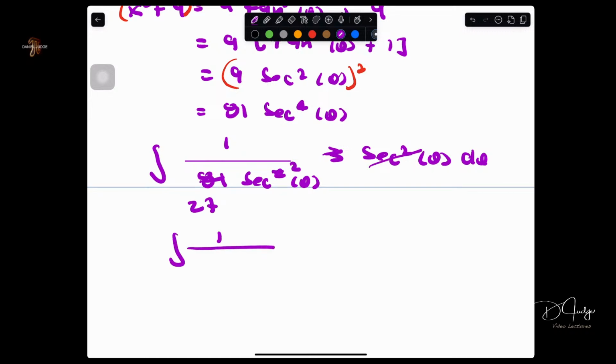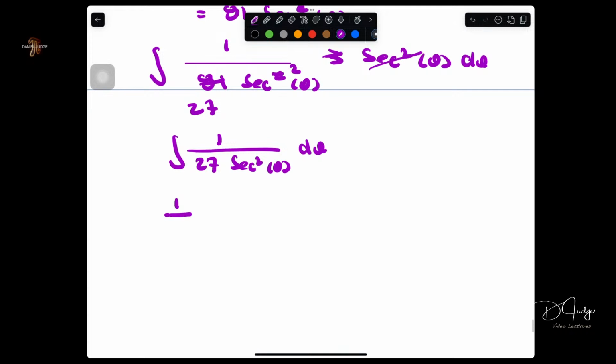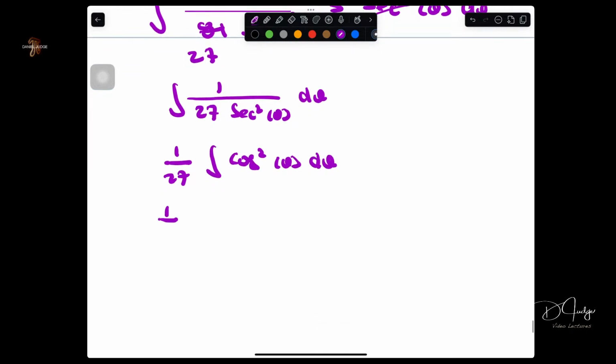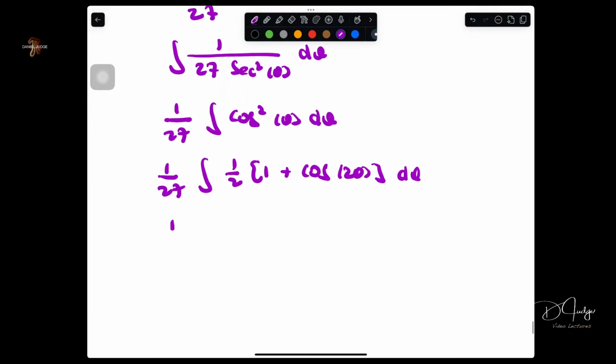So we get 1 over 27 secant squared theta d theta, which is 1 over 27 cosine squared theta d theta. Okay. Power reducing formula. 1 over 54, integral of 1 plus cosine 2 theta d theta.